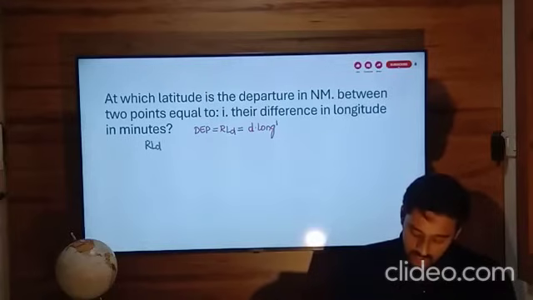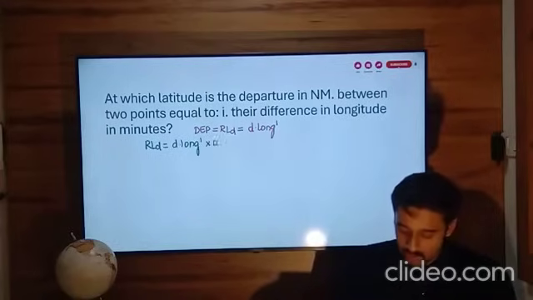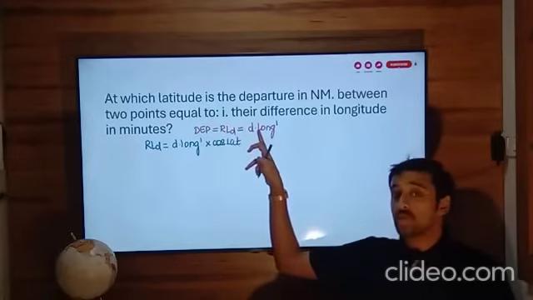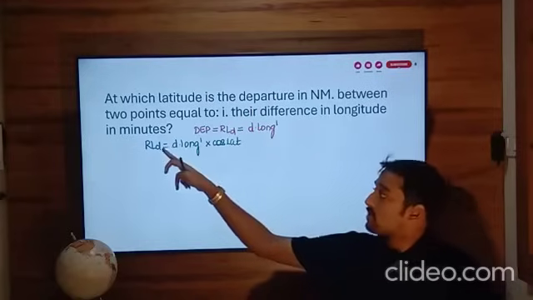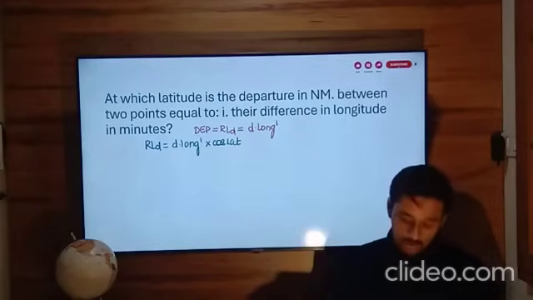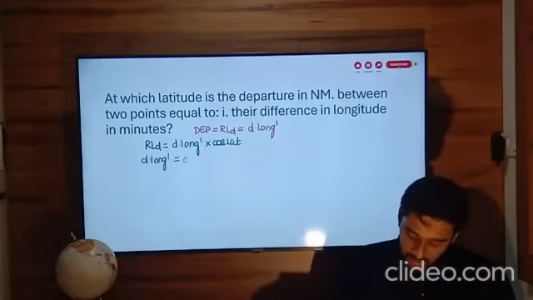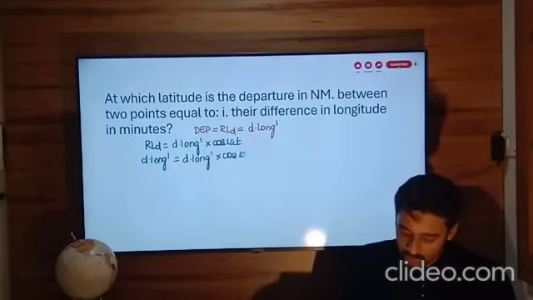Rhumb line distance is d long in minutes into cos of latitude. So according to this identity, instead of rhumb line distance, I can put d long in minutes. Rewrite this formula: d long equals d long into cos of lat. We have to find out lat.